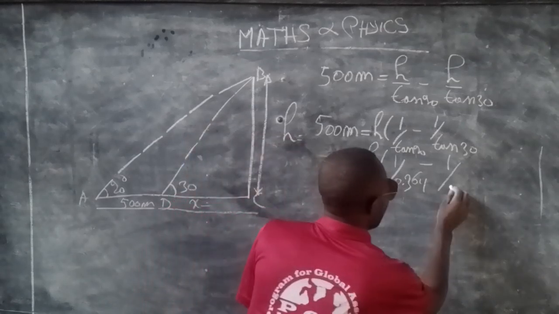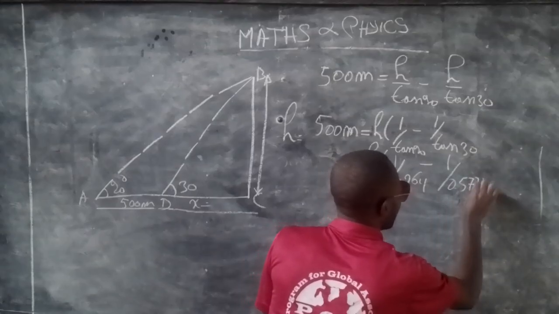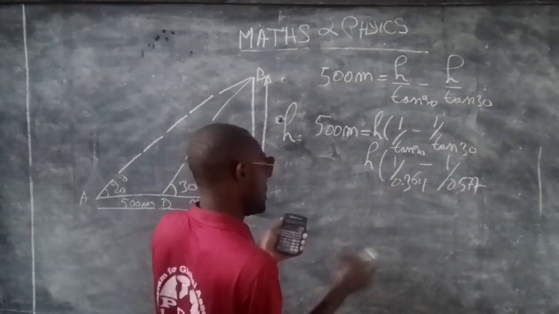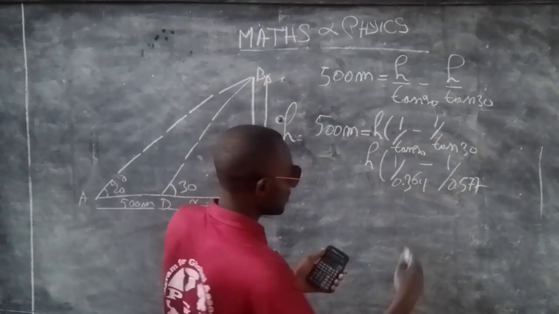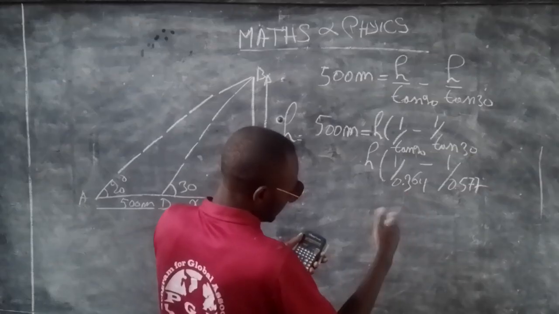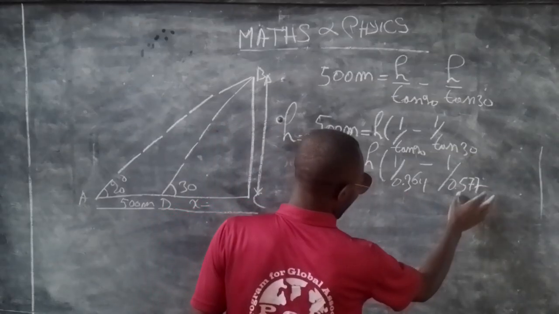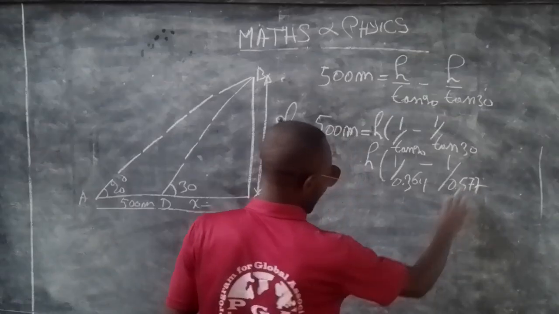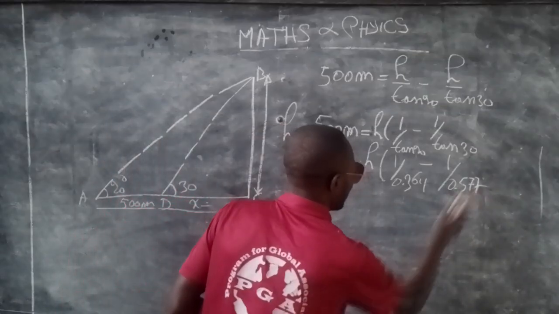Here I get 0.577. I ignore some decimal numbers, so I prefer to take 3 numbers after the decimal point.